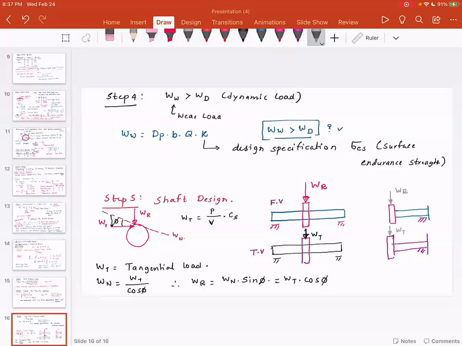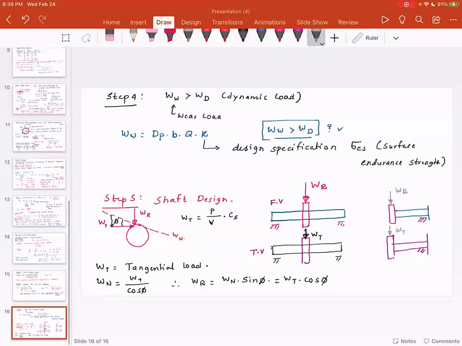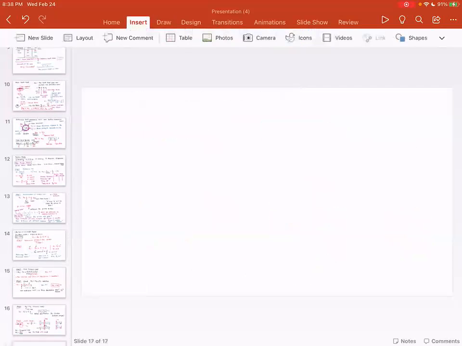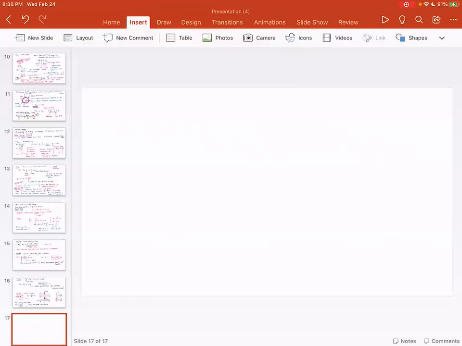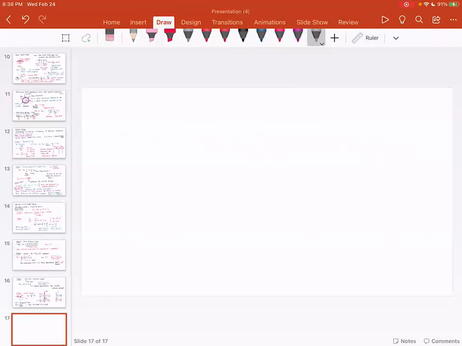Now this poses an interesting problem, which means you are going to have a bending moment diagram in the front view and a bending moment diagram in the top view. So let me give you the steps. For shaft design, step 1 is to determine WT and WR.